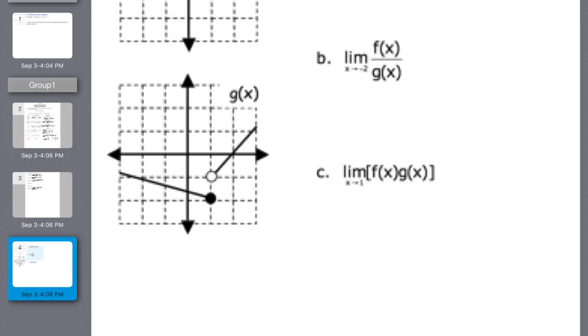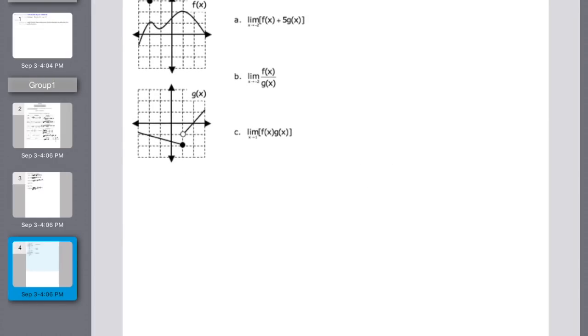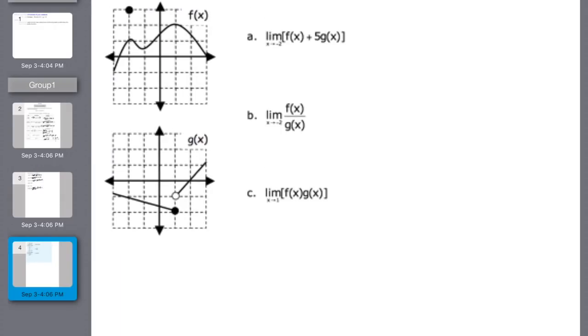Okay. Going to the next one, a graph. Same thing here. We've learned to find limits from a graph. So all we're going to do is apply these rules and apply what we know from limits from a graph at the same time. Okay.